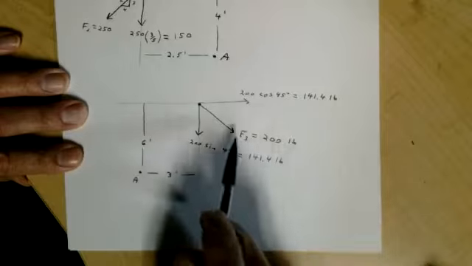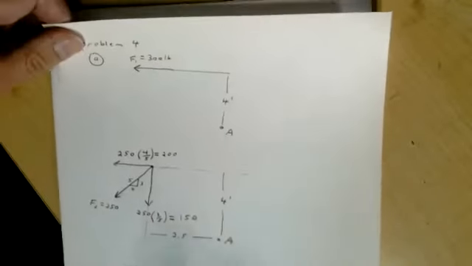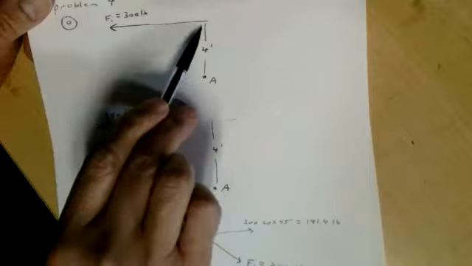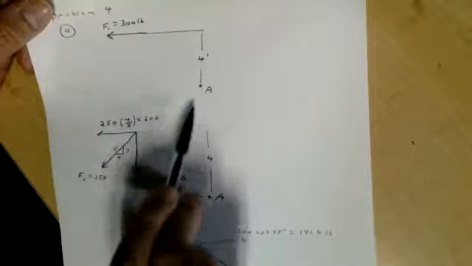So now we want to find the total moment of all these. So let's go through each one. For the moment of F1 about A, you can see this first F1 is turning counterclockwise. So we'll call that positive.